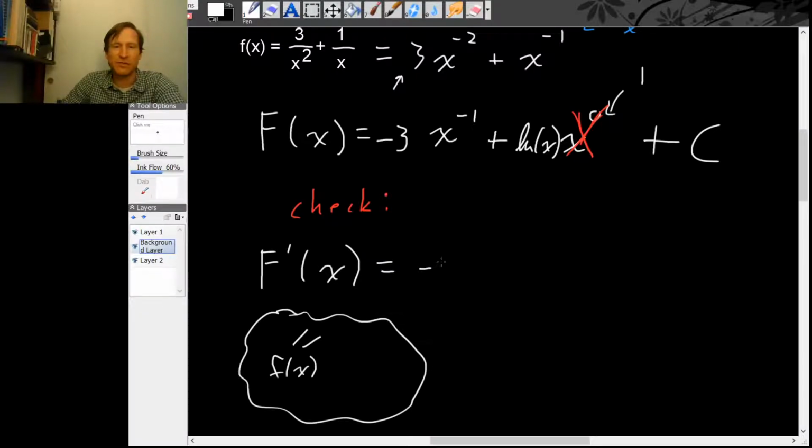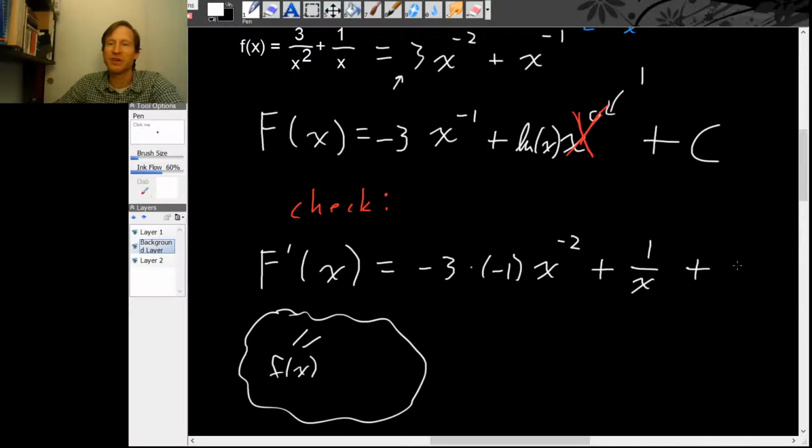In the first term, this minus 3 is a constant multiple, so that stays the same, times the power rule brings down that minus 1, and also decreases the exponent on x by 1, so we have an x to the minus second, plus the derivative of natural log, which is 1 over x, plus the derivative of a constant, which is 0.